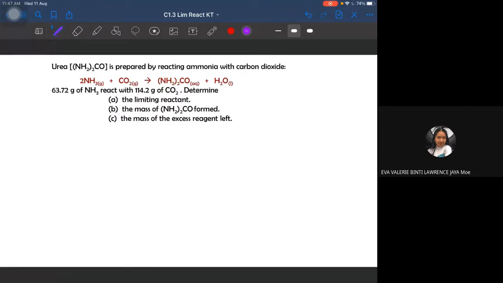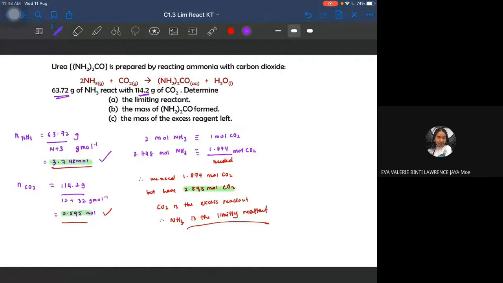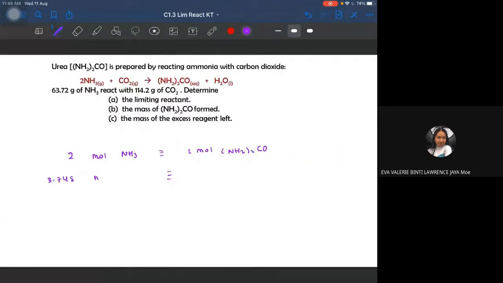So from the limiting reactant, we already know 2 mole of NH3 will produce 1 mole of urea. Okay, so how much of the limiting reactant do we have available? 3.748. So how many moles can be produced? 1.874. Got it? Same? Same, Miss. Alright, so we can find the mass.